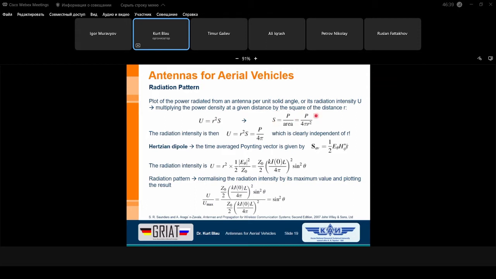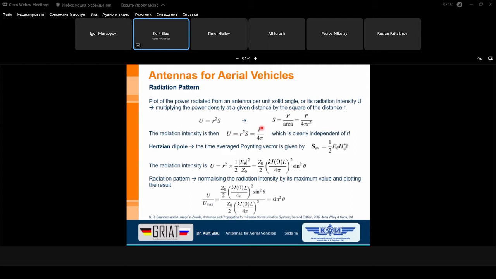In our case, if we feed the antenna with the power P, then 4πr², this is the surface of a sphere with this radius r. So it's very simple. The radiation intensity is given by this expression. If I multiply these two parts, then we only have the power going out of the antenna.